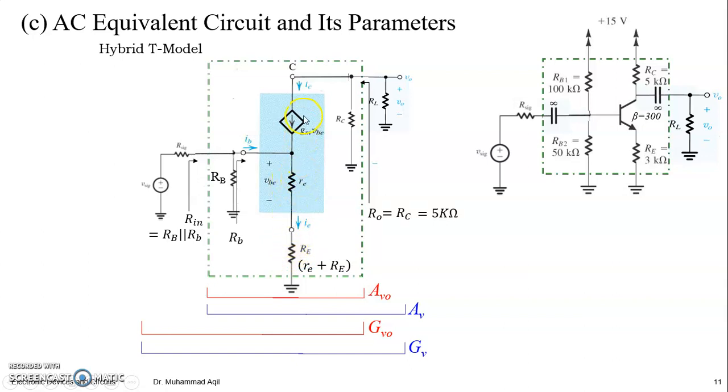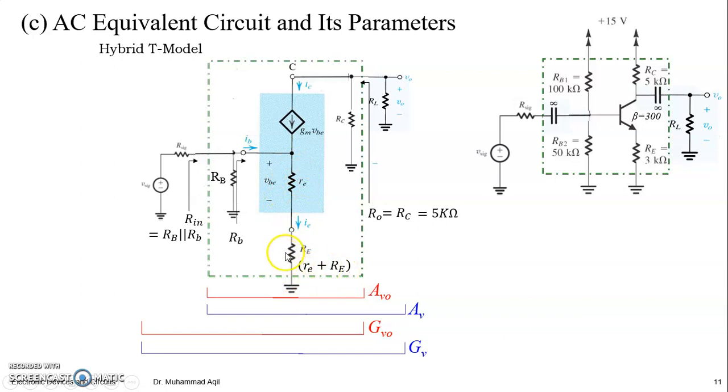That's why the T model is best for an emitter having resistance, right? So we can see this resistance is in series with this resistance at the emitter, the internal resistance at the emitter, and the total resistance at the emitter will be the series combination of these two things.